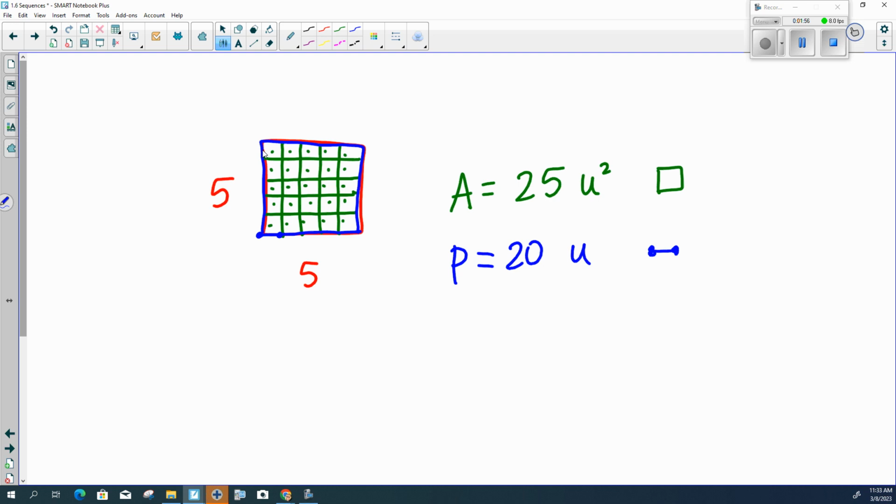So for you to say, again, trying to compare a starburst, because that's what these look like to me, 25 starbursts versus 20 little tiny pieces of licorice, they are not the same units. So I am pretty particular about writing my units, showing which ones are squared or tiles or starbursts versus those that are linear, to try to help us understand the real difference, the fundamental difference between area and perimeter.